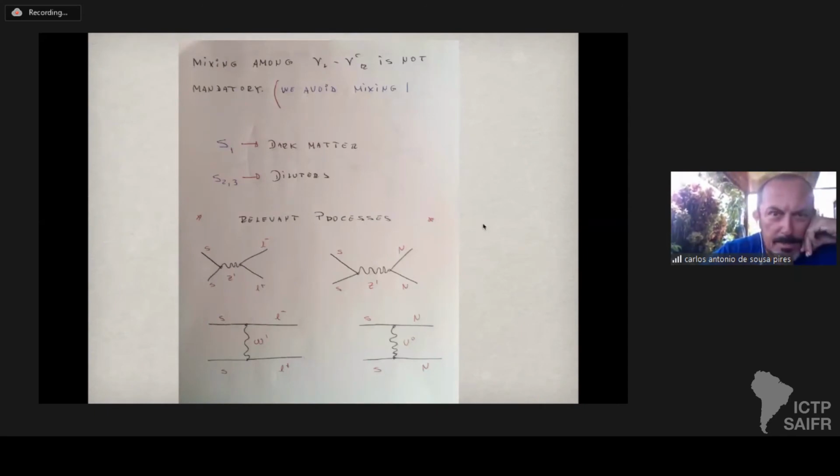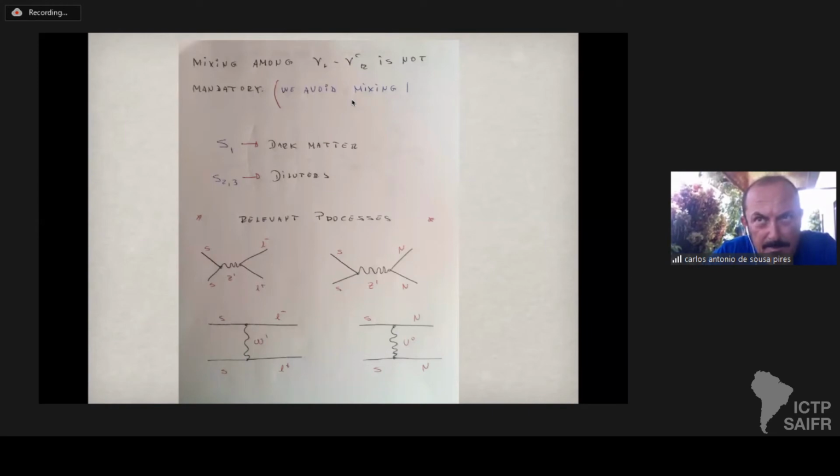What is interesting in this model is that the mixing between active neutrino and right-hand neutrino is not mandatory. It's not necessary. You can avoid this mix, because while the left-right model generates the type 1 seesaw mechanism, inside the 3-3-1 model the seesaw mechanism is the type 2 seesaw mechanism.